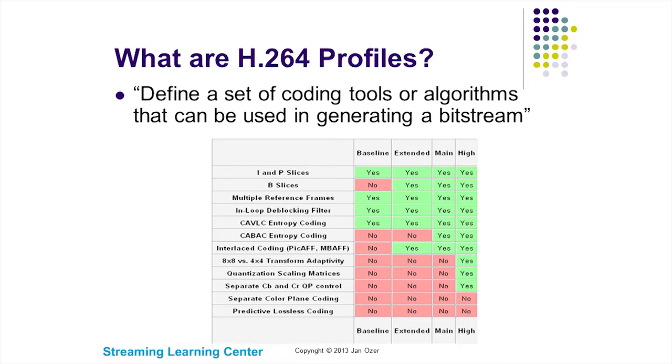And what we see here is more of the tools and algorithms are used in the high profile, and fewer are used in the baseline profile. Now, what quality expectations would you have looking at this chart? Which profile would you think would deliver the best quality? High profile.